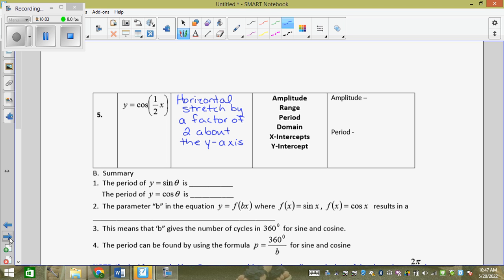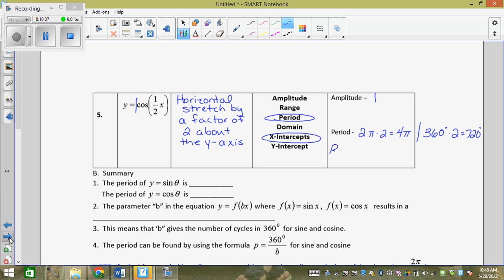This one's being pulled further, but does it change the height? No. Does it change the range? Does it change the period? Yeah, I take a 2 pi and I like pull it to 4 pi, right? Domain? No. X-intercept? Yeah. Yes. Y-intercept? No. So my amplitude is 1, because that's my vertical stretch. It's of nothing. And the period is 2 pi times 2, which is 4 pi, or 720, so 360 times 2.